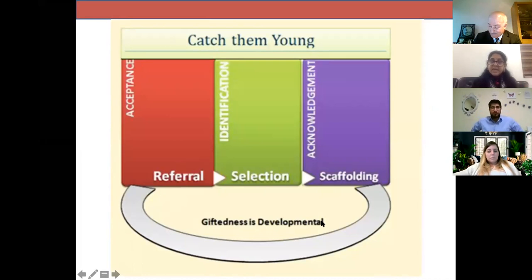Fine, these are inherent potentials, but unless you mentor them, unless you nurture them, unless you provide them optimum opportunities, stimulating learning environment, emotional scaffolding, it will not be possible to remain gifted. They may become underachievers, they may lose their spark. So it is developmental, it is not a fixed constant, it is dynamic, it is flexible, it is fluid.